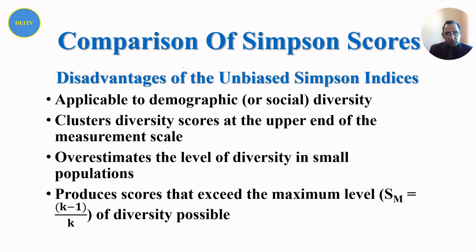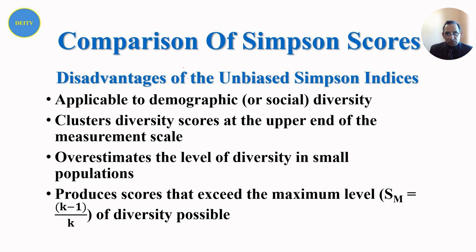The other disadvantage of using the unbiased Simpson scores is that it clusters the diversity scores at the upper end of the measurement scale, and that's because for organizations that are small, the unbiased score formulas tend to overstate the level of diversity for small populations or small groups.